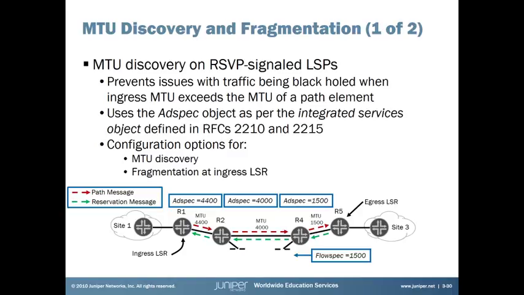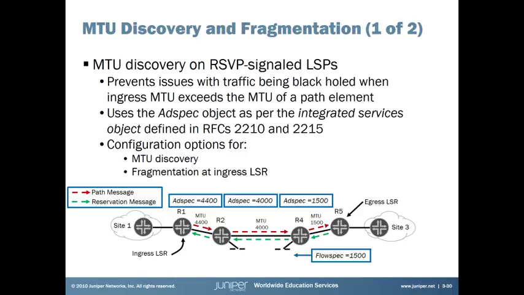So we may have the MTU on the ingress router being higher than the MTU of another router in the path. So as part of the path message, it will go through and examine the MTUs on all of the routers in the path and deal with that issue so that we don't end up sending packets that are too big.